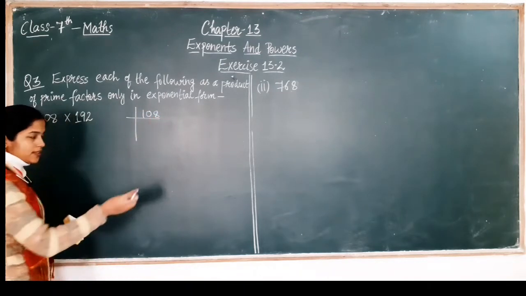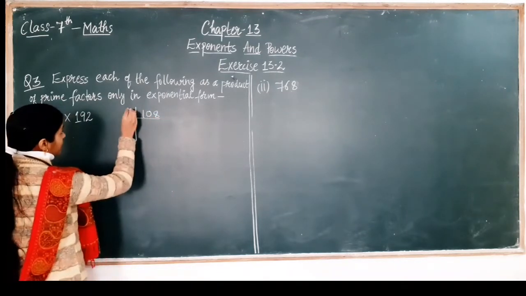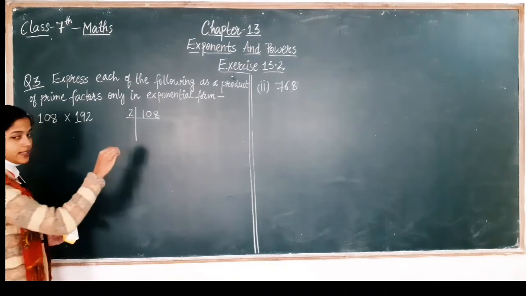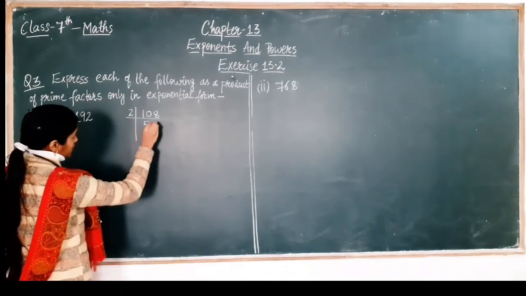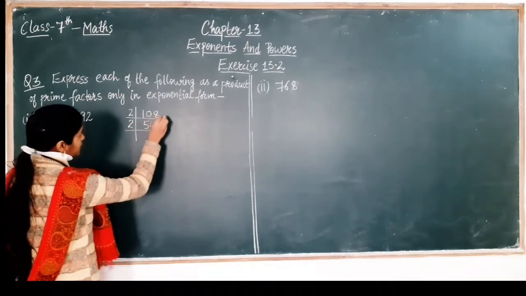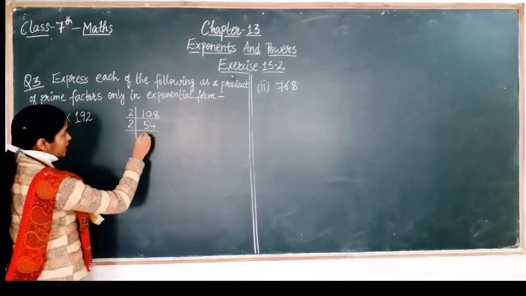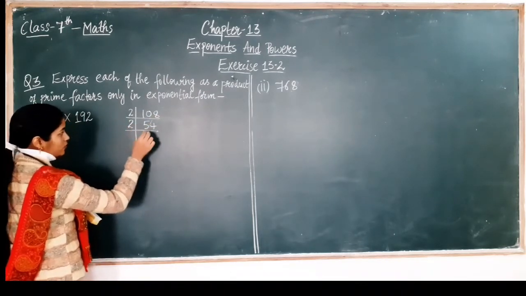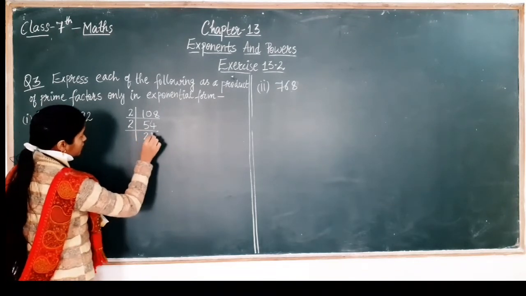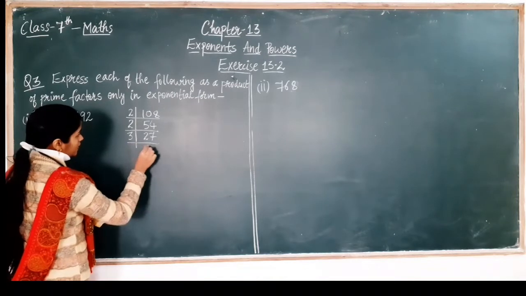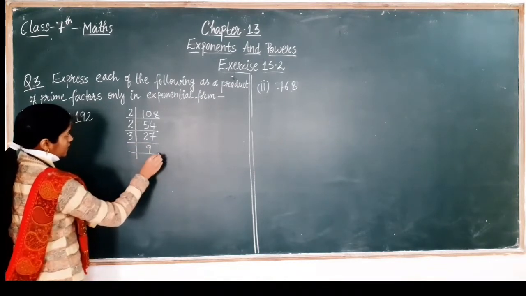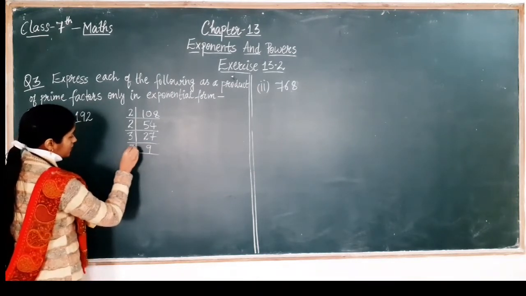108. So this number is an even number, so we'll divide it first by 2. If we divide 108 by 2, we get 54. Then if you divide 54 by 2, you will get 27. Then you will get 9. Then you will get 3.